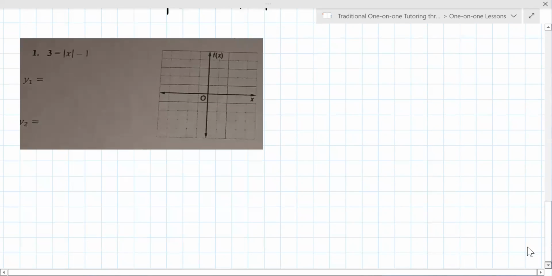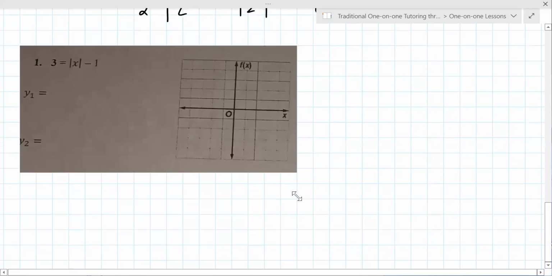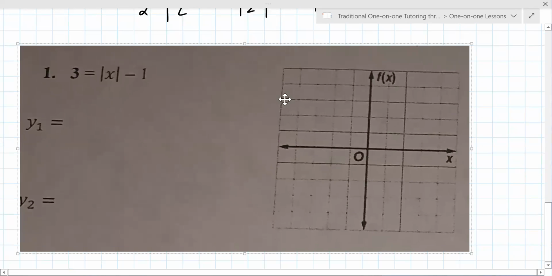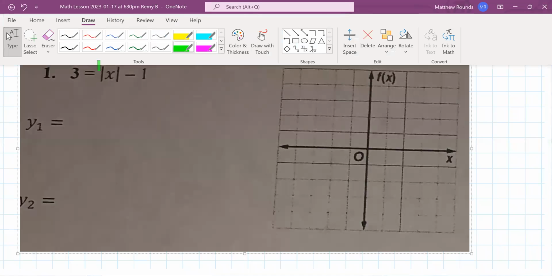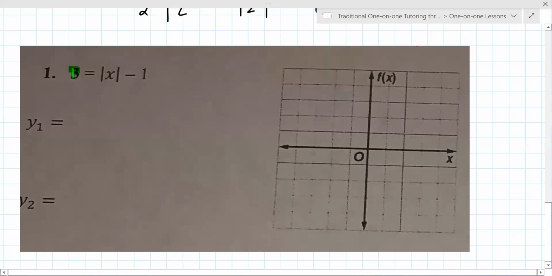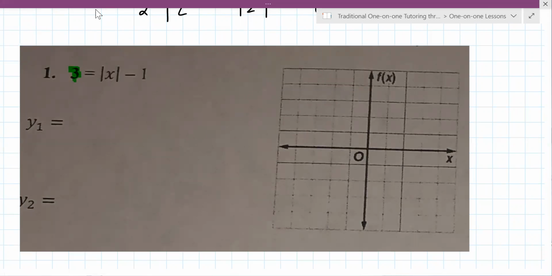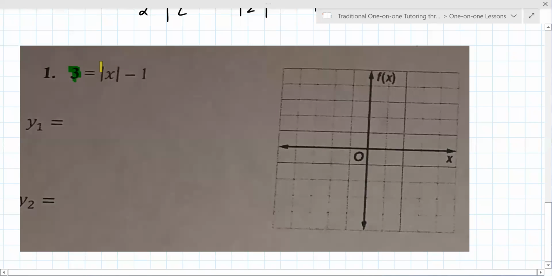So here's problem number 1. We'll get to the instructions in a moment. I'm going to just talk you through this. Do you see that there's a number here equals the absolute value of X minus 1? So there's really 2 things here. There's the 3, and then there's the absolute value of X minus 1.